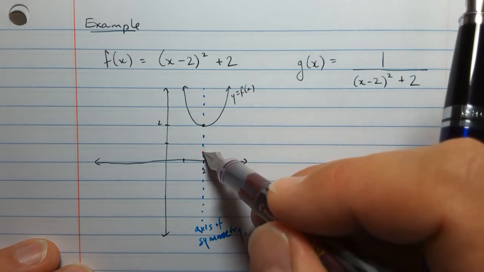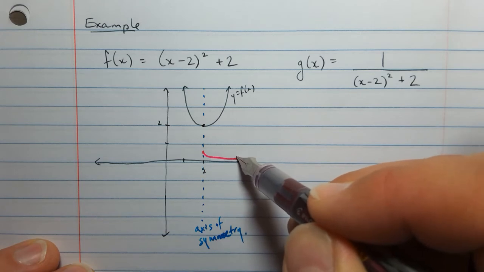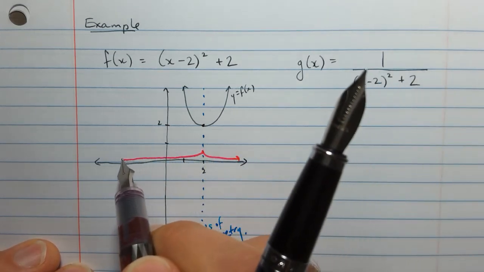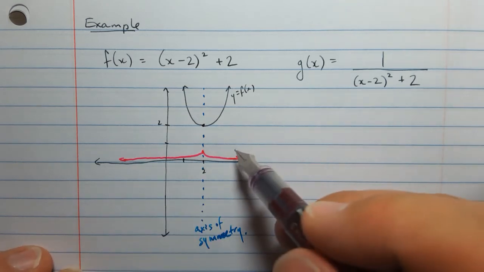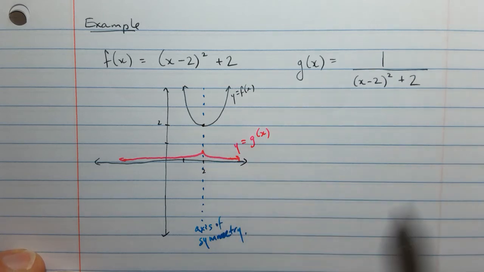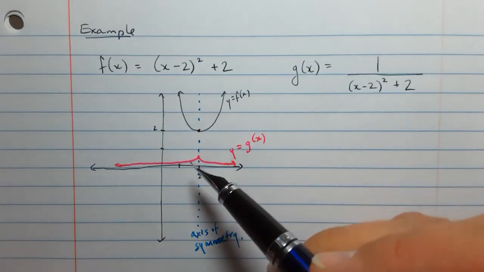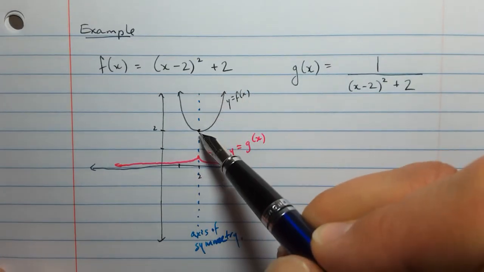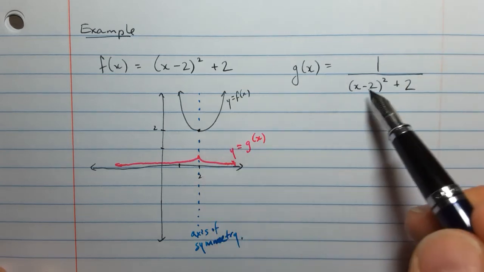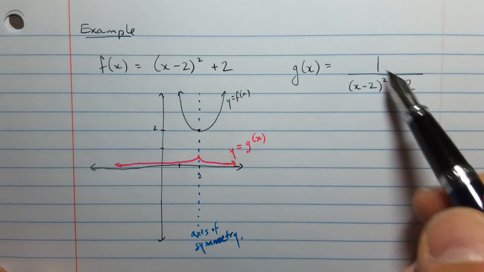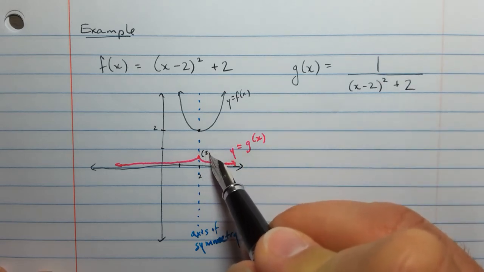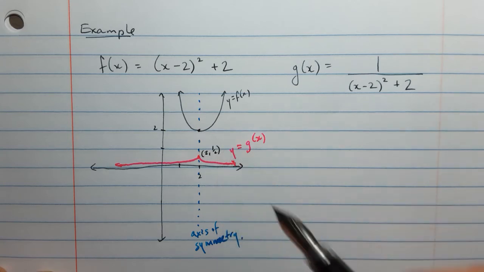So they're just going to go this way, approaching the axis like this, but never touching it. And so this is y equals g of x. Now what's that point right there? That came from the reciprocal of 2, or you can just substitute the number x equals 2 into here, and you'll get 1/2. So that point there is the point (2, 1/2).